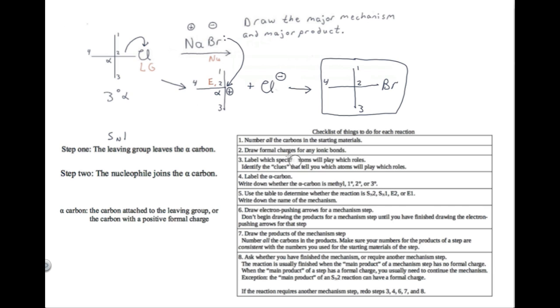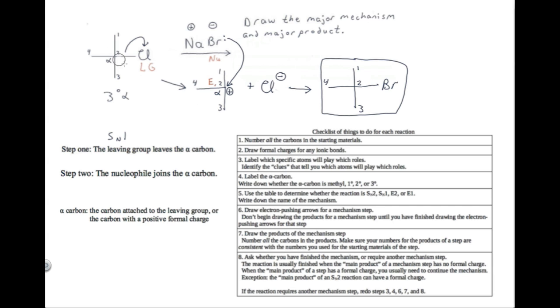In each step, we labeled which atoms would play which roles. In the first step, the chlorine was the leaving group, and in the second step, the bromine was the nucleophile, and carbon-2 was the electrophile. Always try to identify the clues that tell you which atoms will play which roles. For example, the clue that carbon-2 would be the electrophile in this step is that it's a carbon with a positive formal charge.